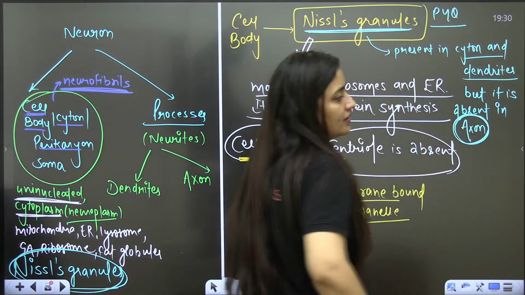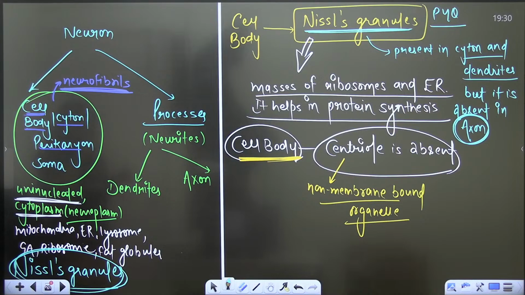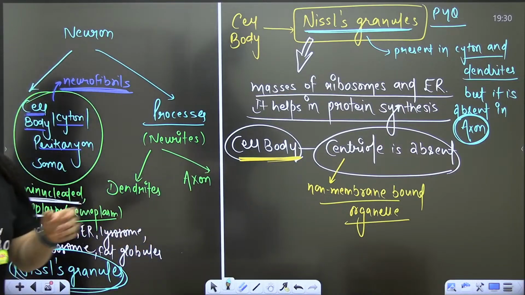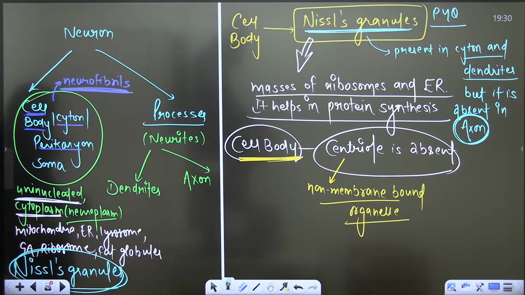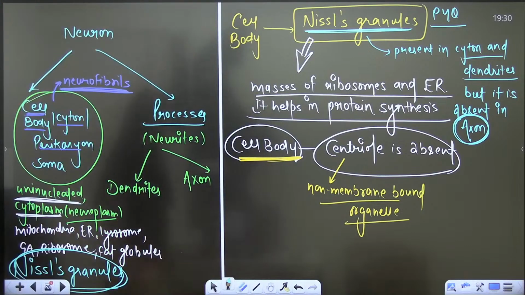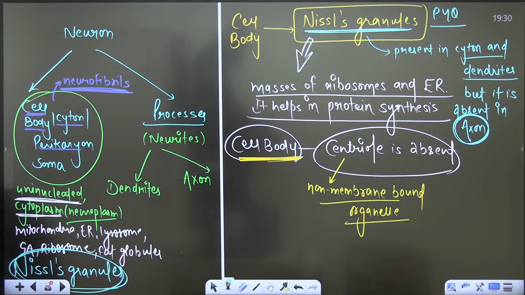That's what you have to remember. It is absent in the axon. So the words are neurofibrils, then Nissl's granule. This Nissl's granule word is important. Okay, sure?